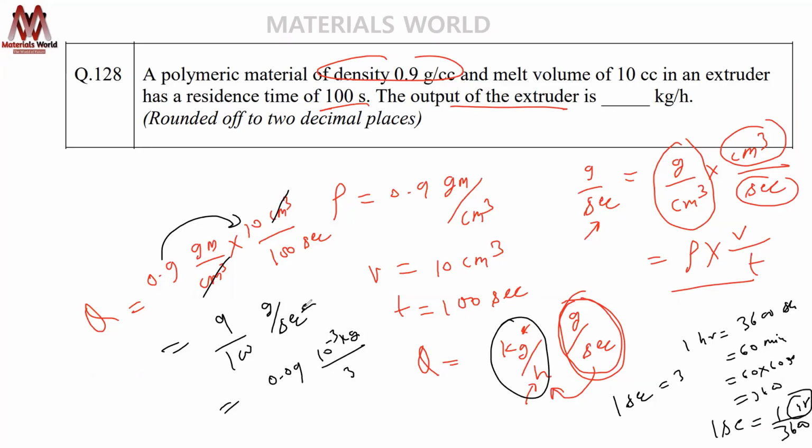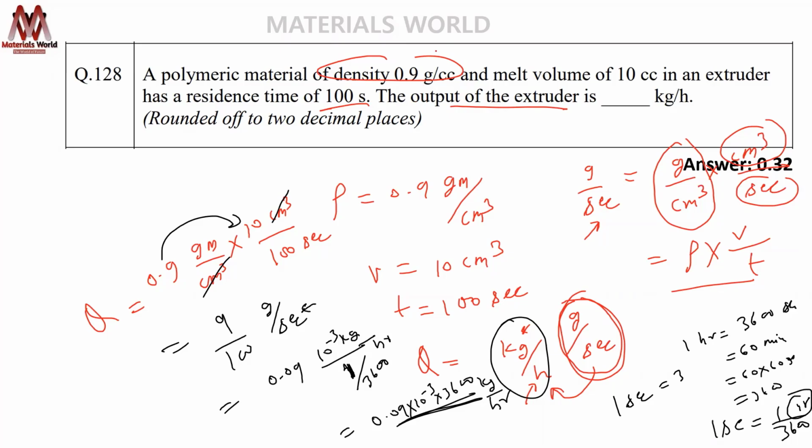Instead of second, I can write 1 by 3600 hour. Now I can get my answer: 0.09 into 10 power minus 3 into 3600 kg. You can calculate here. The easy question is also there, but a few questions are really tricky. So the answer is 0.32. You can easily calculate it.